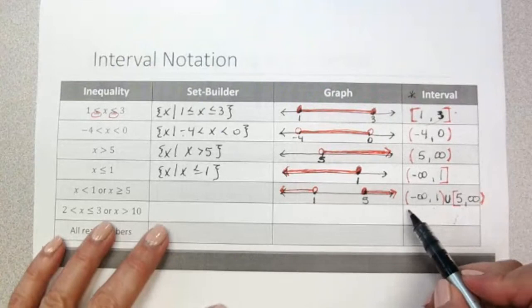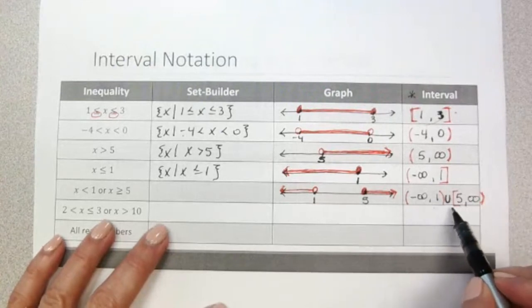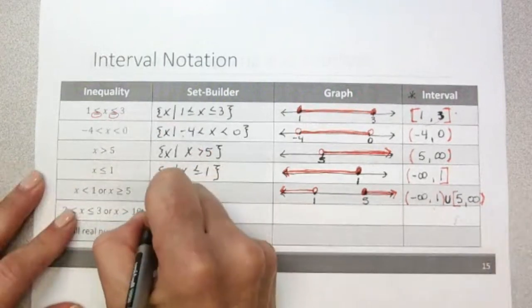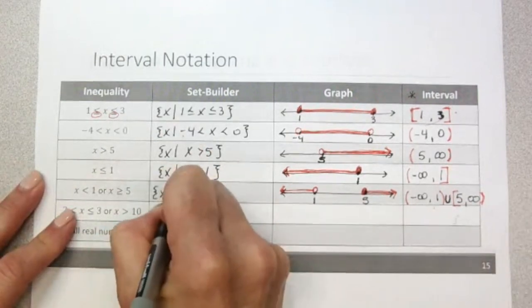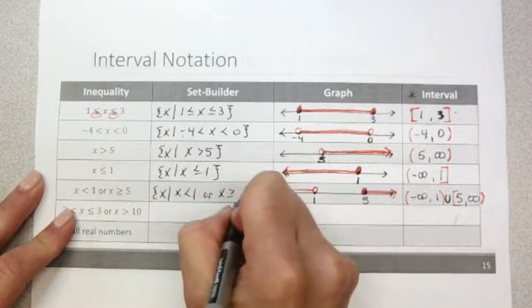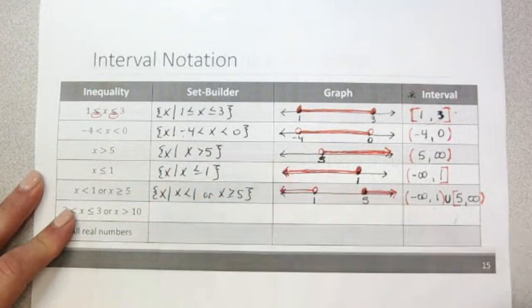Right? Or I might say the open interval from negative infinity to 1 in union with the closed interval from 5 to infinity. Okay, then of course set builder notation is just a set of all x, such that x is less than 1 or x is greater than or equal to 5.